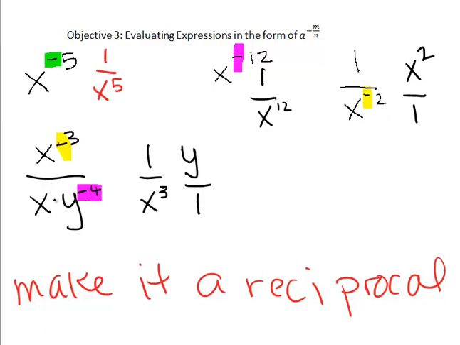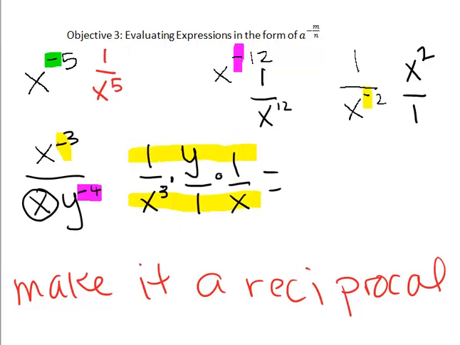And this one has no exponent on it, so it stays the same. So even though it looks like a division problem in the beginning, it's really a bunch of fractions being multiplied together. And when we multiply fractions, we go across, and you'll end up with y over x to the 3rd times 1 times x, which is x to the 4th.